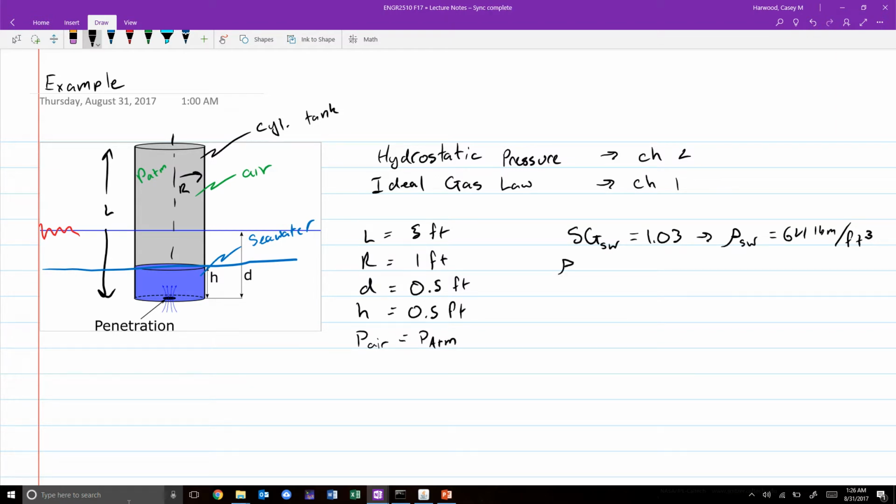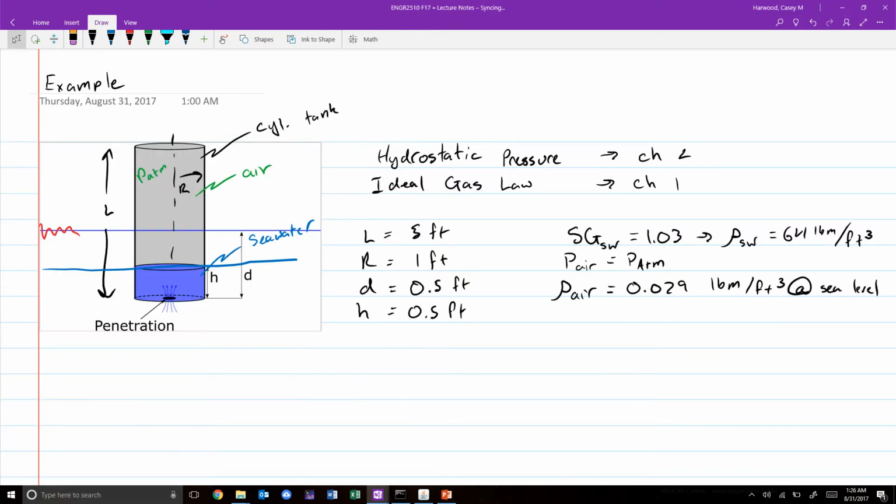And we're given that the density of air is equal to 0.079 pounds mass per cubic foot at sea level, right? Remember, air is a compressible gas. If you change its elevation, the pressure is going to change, and so will its density.